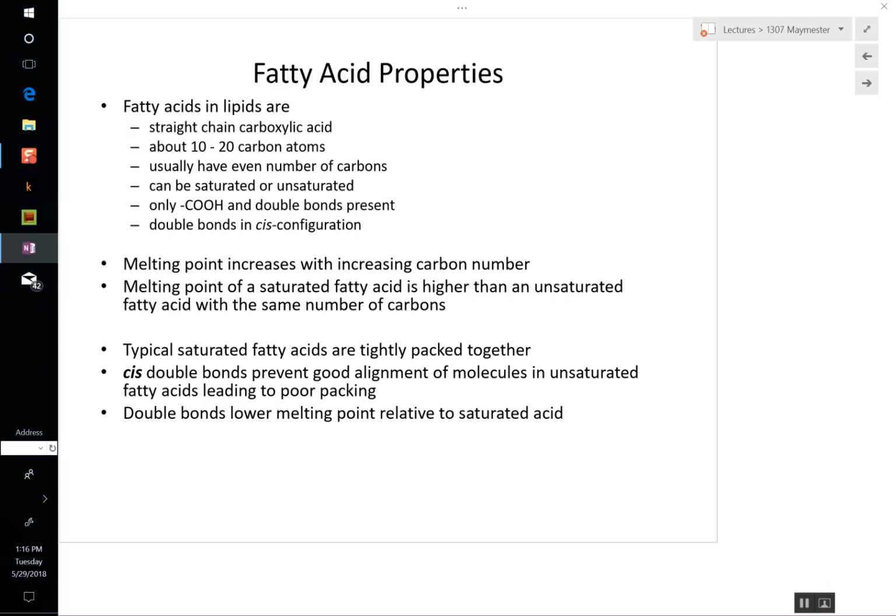If this were a trans, the chain would come in one side of the double bond, it would go out the other side of the double bond, and it would actually lose its kink. No longer be kinked. It would kind of look almost like that one.